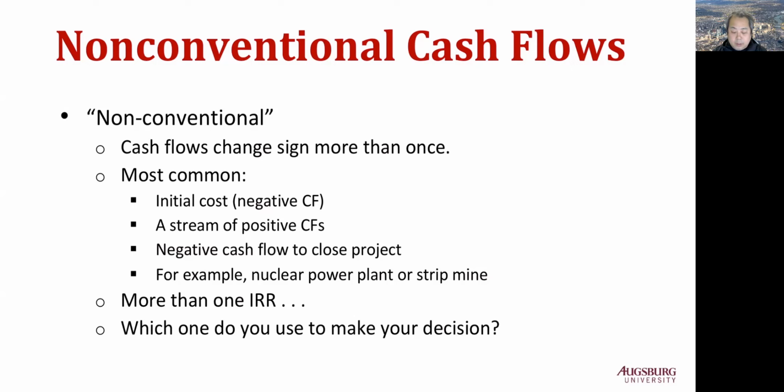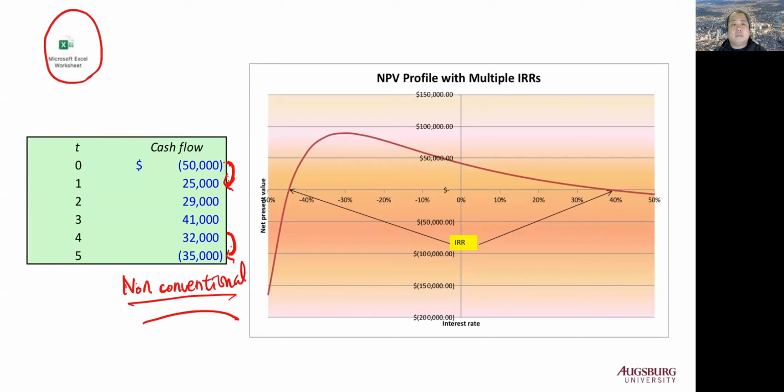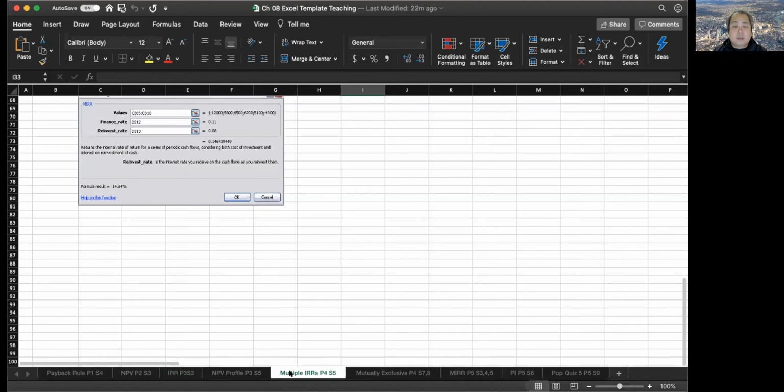Let's look at the example. The cash flow in this example changes sign twice. Non-conventional cash flows. Just click this Excel icon and you will see the Excel spreadsheet.